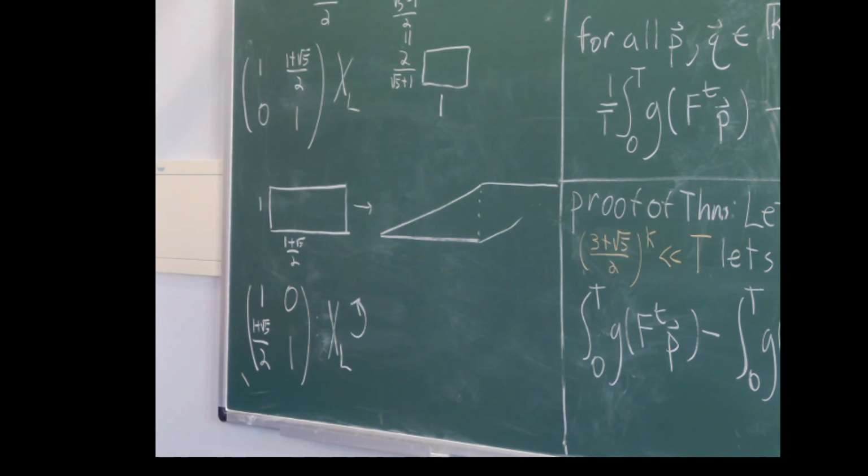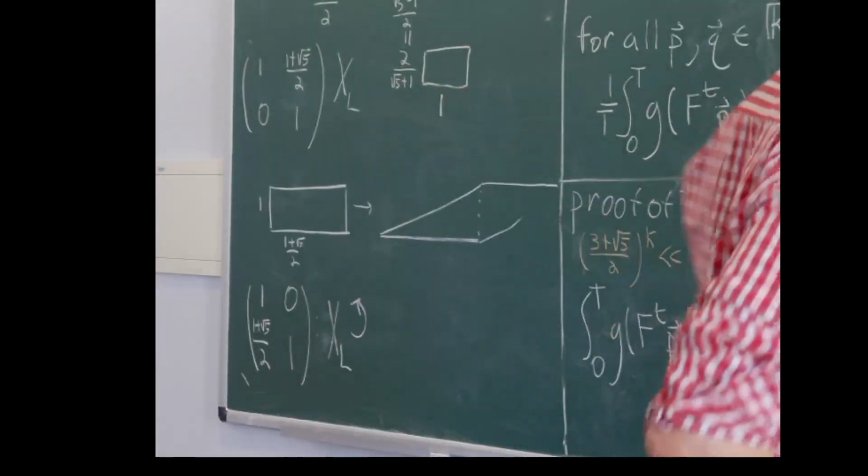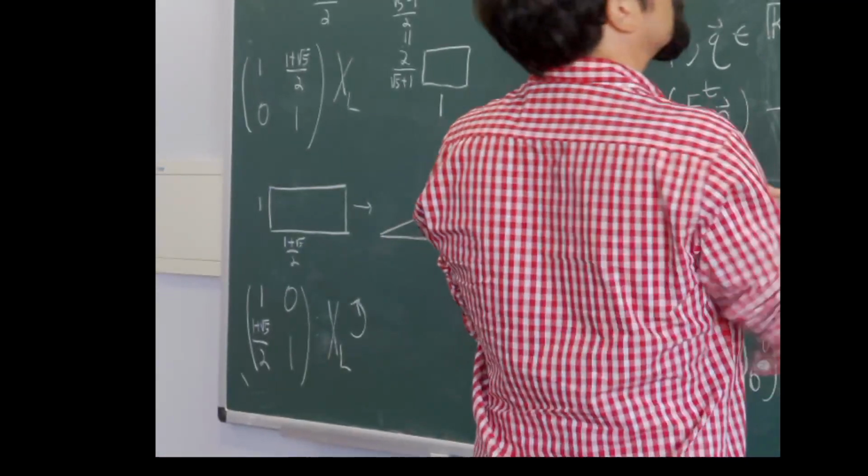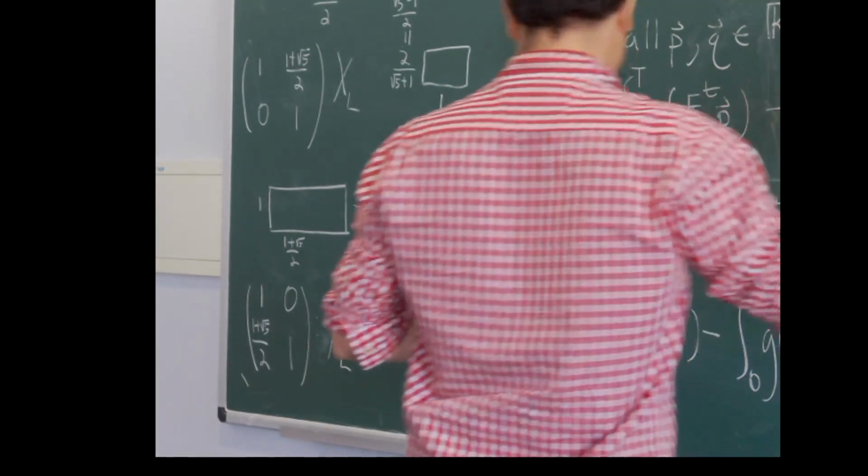I have a cylinder that looked like this cylinder, but it goes this way. Now I'm just shearing in the other direction. And then similarly, I have a cylinder that looked like this cylinder, but just going in the other way. Everyone happy about that? Now, if I have two maps that fix a space, their composition fixes the space.